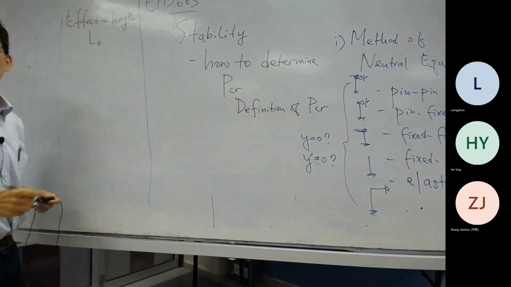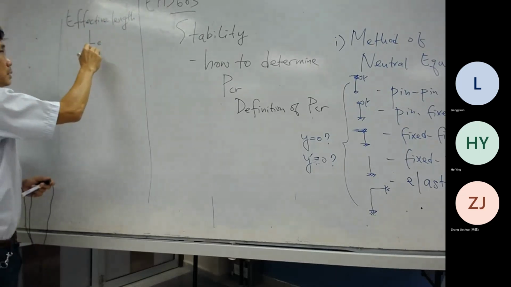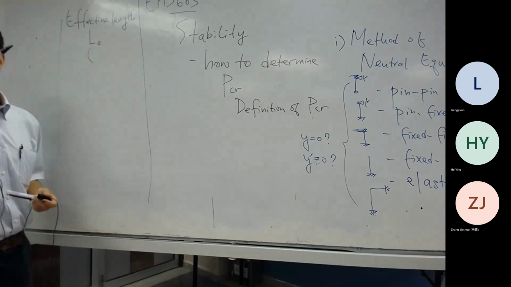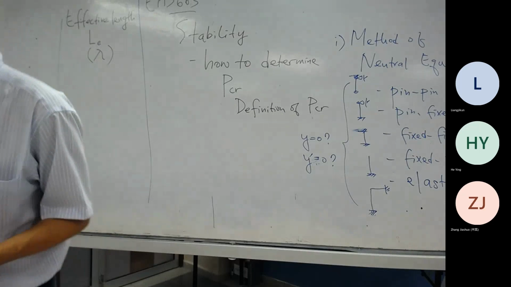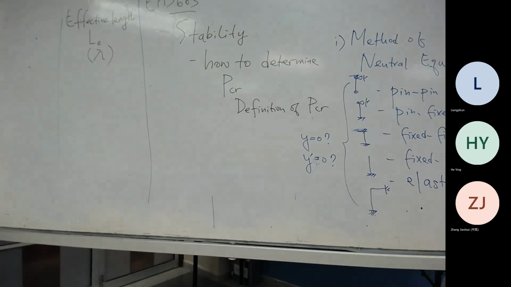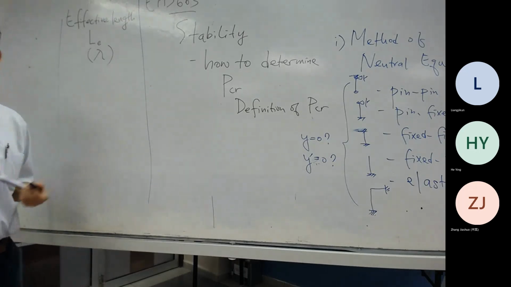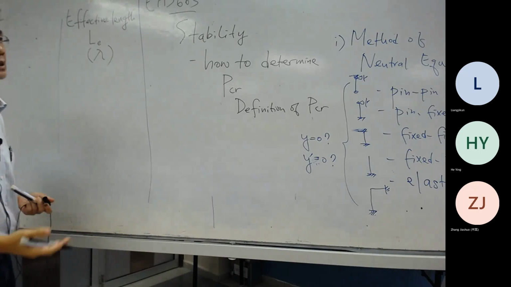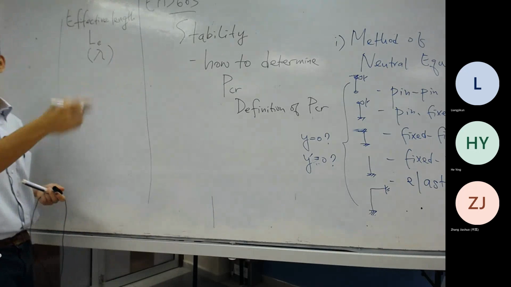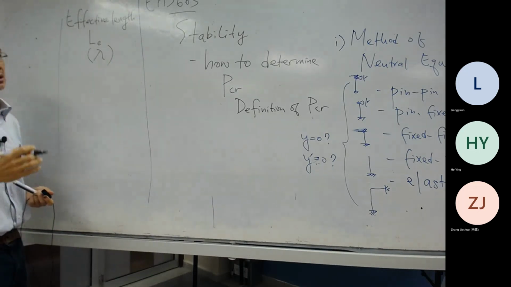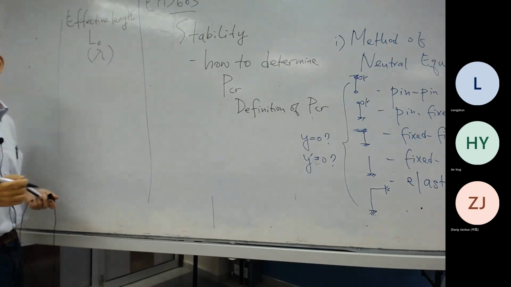We use a simple LE. Sometimes in books other symbols are used, like lambda. Different sources use different symbols, but the most important thing is to know the definition: it is the equivalent length of an equivalent Euler column. So for pin, fix, and fix, we have three different equivalent effective lengths.